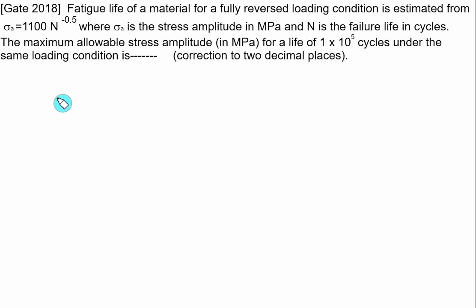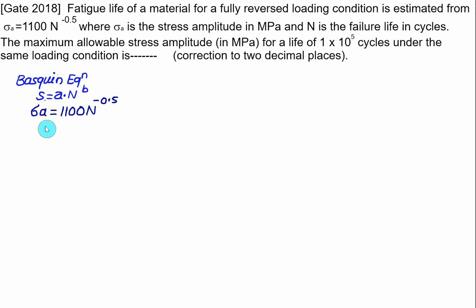Remember that we have Basquin equation, which is given as S equal to A into N to the power B. Here instead of S, we have used sigma A also. We have sigma A equal to constant A, which is 1100, into number of cycles, and the constant B is given as minus 0.5. We want to calculate here the amplitude stress for a life of 10 to the power 5 cycle.